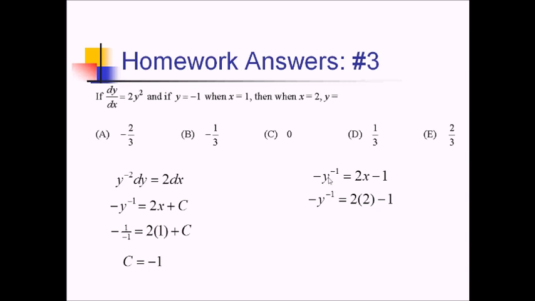Because if I isolate y first, then I have to mess around with moving variables, and I'd rather just have all constants. So I've got negative y to the negative 1 equals essentially 3. I can multiply both sides by negative 1 to get negative 3 over there, equaling y to the negative 1. And then to get y, I just have to flip both sides, the reciprocal. So y is going to equal negative 1/3, which is choice B.